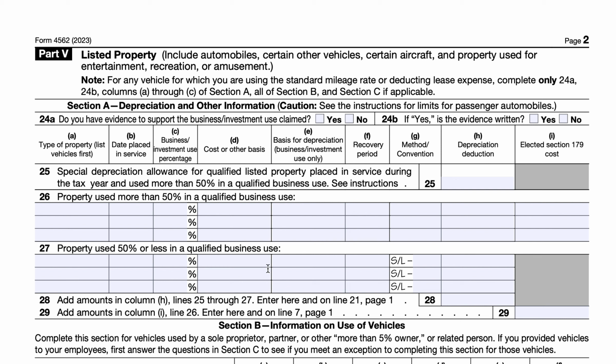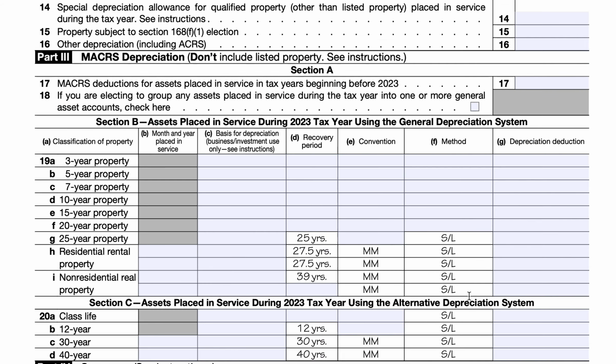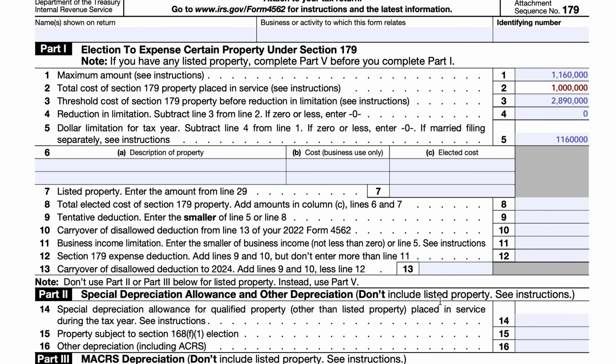So you would complete all of Part 5 for any vehicles or aircraft that you placed into service. And this amount then carries over to line 7, and lines 6 and 7 cannot be more than that first amount.